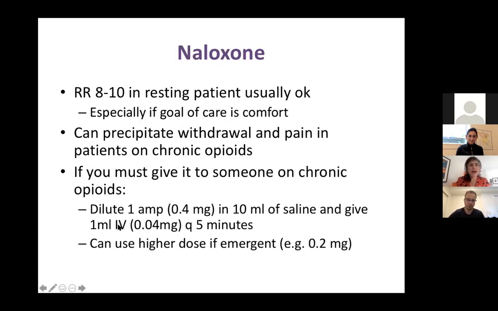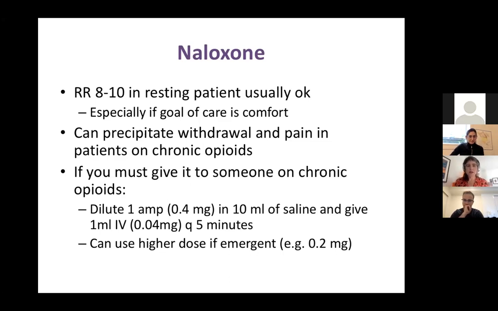All right, I'm gonna go ahead. So about Naloxone, in a resting patient, a respiratory rate of 8 to 10 is usually okay, especially if the goal of care is comfort, but 8 for a long time, 6 is too low, and you probably do want to give a little bit of Narcan. You want to be careful because Narcan can precipitate withdrawal and pain.